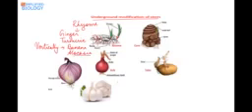Next, the bulb. Now, the bulb consists of a reduced stem. Developing upon the stem are the fleshy scale leaves. These fleshy scale leaves are concentrically arranged, that is, one above the other.